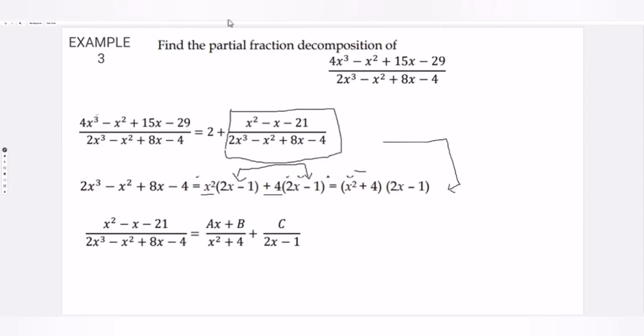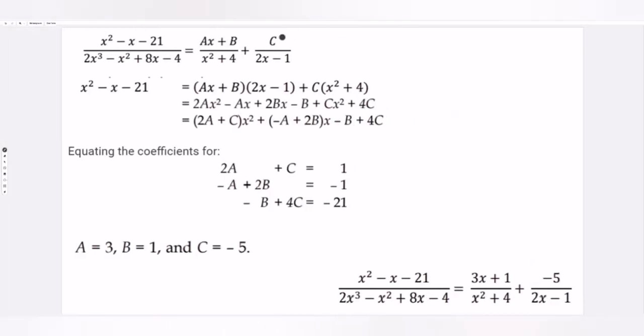What we arrive at is ax plus b times 2x minus 1, so the x squared plus 4 will be cancelled out. In the last term, if we multiply the factored form of the denominator, the 2x minus 1 will be cancelled and the x squared plus 4 will remain.